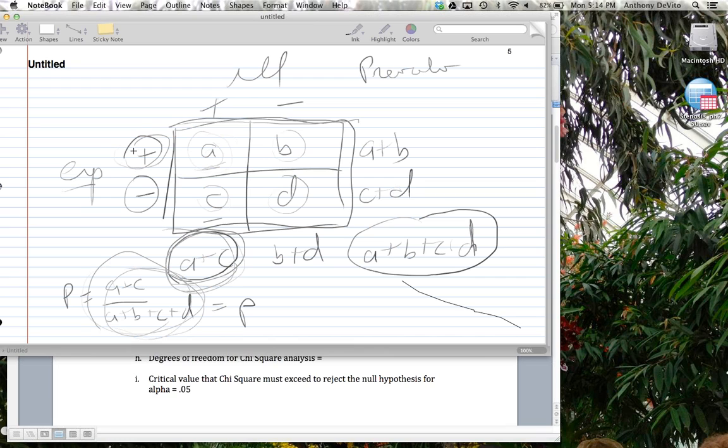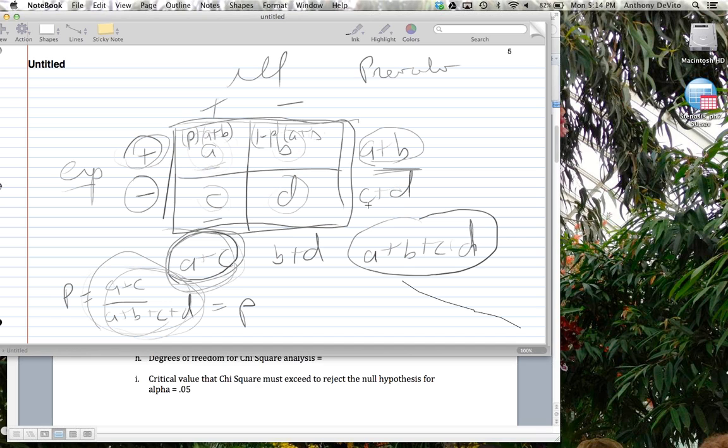So if we took a sample of people that were exposed, A plus B, we would expect the number of people that got sick to be P, whatever that prevalence is, times A plus B, right? And we would expect 1 minus P times A plus B to be the number of people that didn't get sick within that group, A plus B.